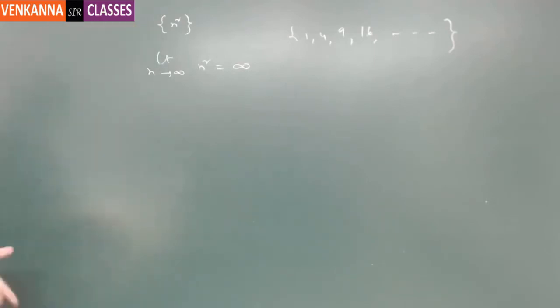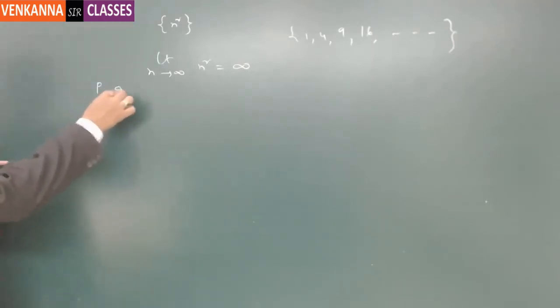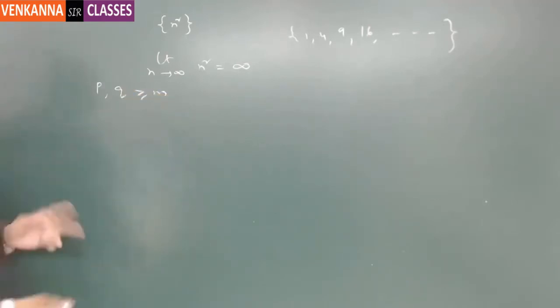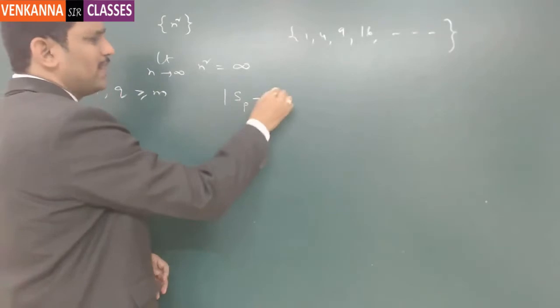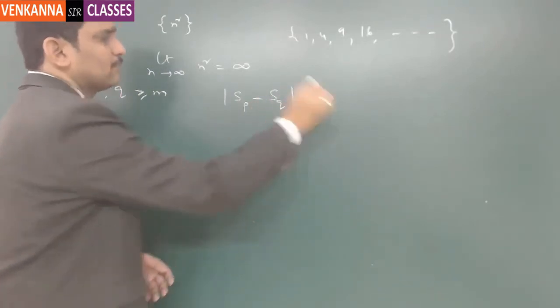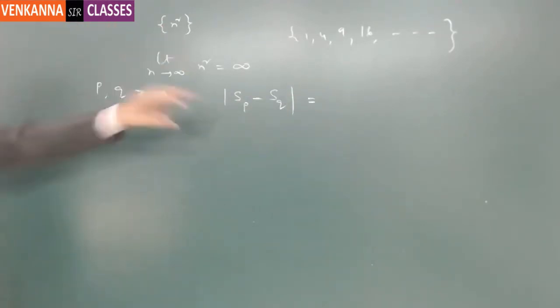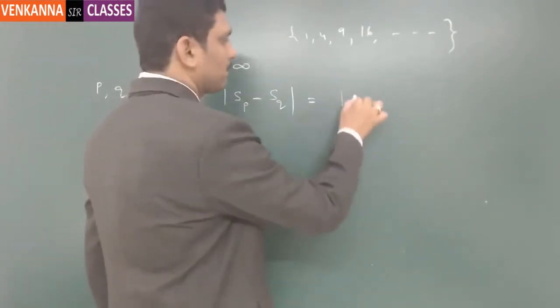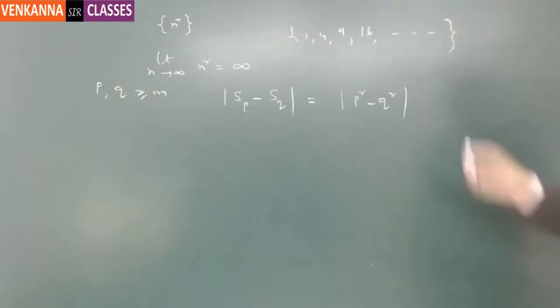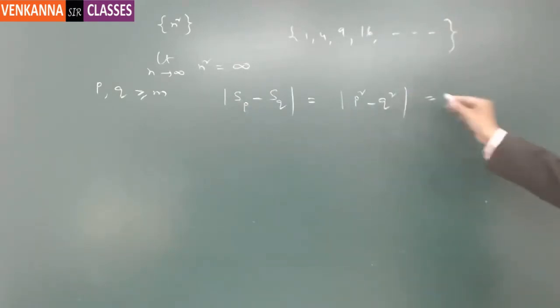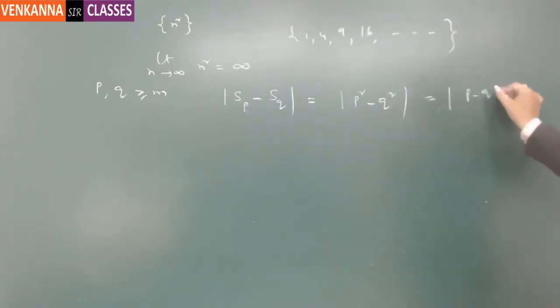How to? You take P, Q greater than or equal to M. You consider S_P minus S_Q or S_Q minus S_P, whatever it is. So from this you can say that it is P square minus Q square. It is of the form A square minus B square, so you can write (A plus B) into (A minus B).